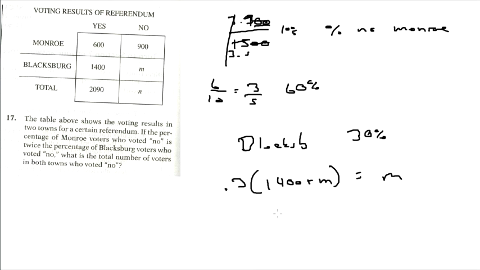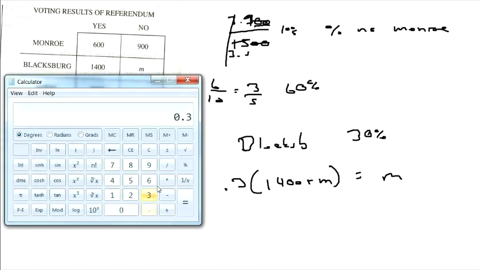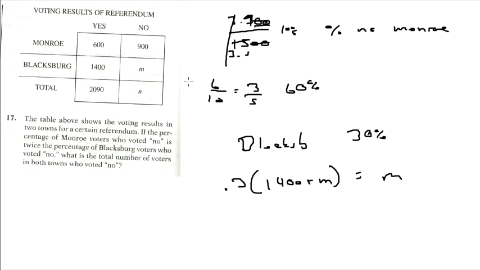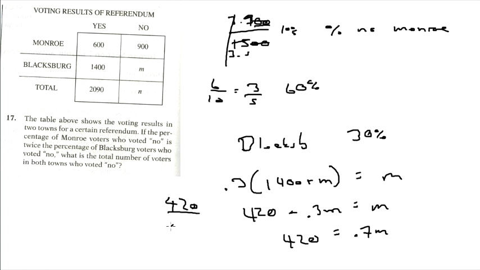So we have 0.3 of 1400, which is 420, plus 0.3 m equals m, which means 420 equals 0.7 m. 1 minus 0.3 is 0.7. So m is going to be 420 divided by 0.7.